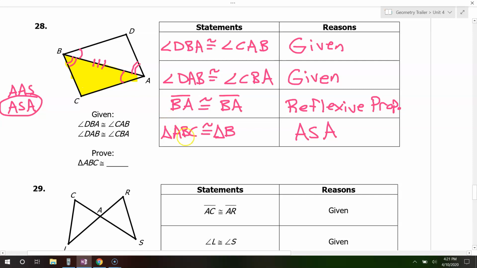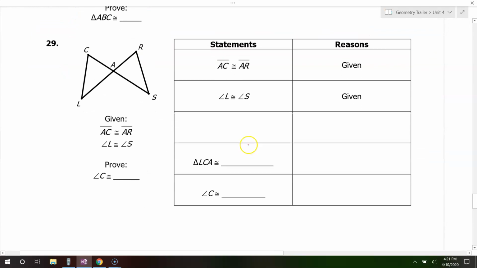Now, yellow angle B, see the double, corresponds with white angle A. All right, so that just leaves angle D. Obviously, C corresponds with D. All right, and that's it for the proof.